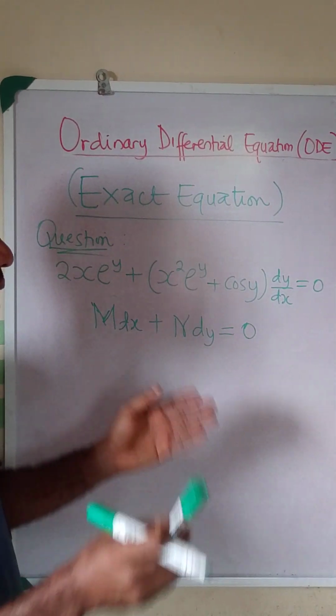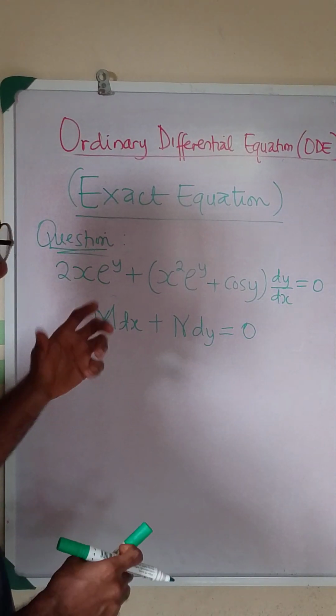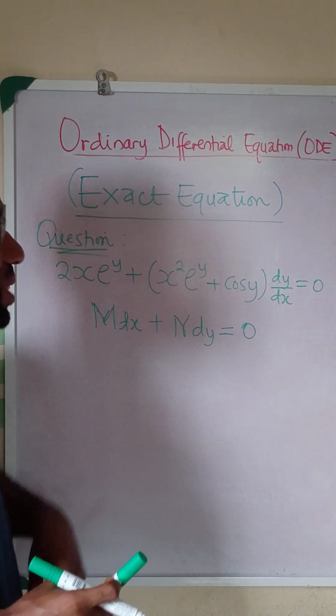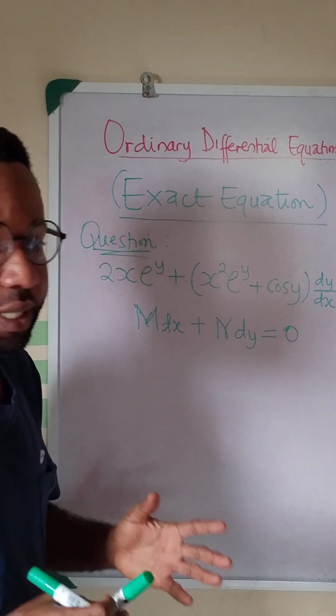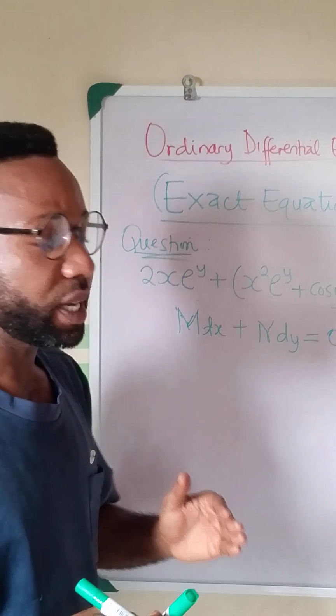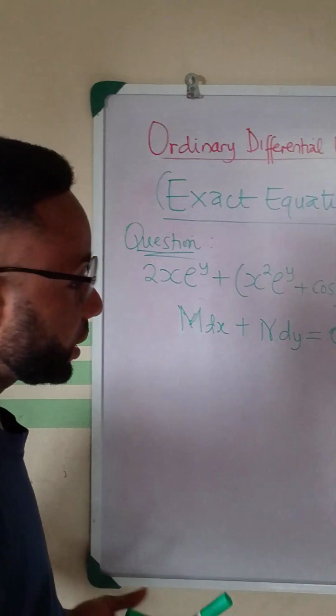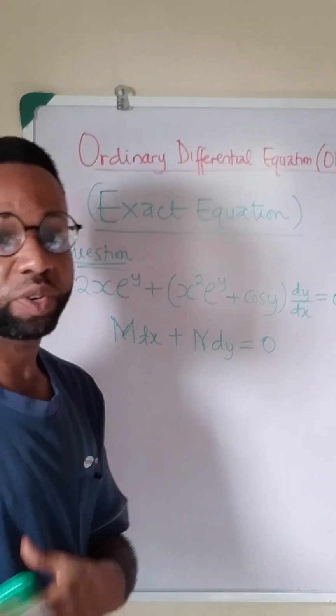Before you solve an exact equation, you have to test to find out if the equation is exact. It is after testing that you know, okay, yes, it is actually an exact equation, before you can solve.